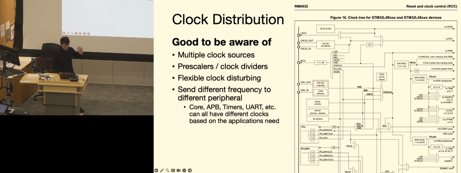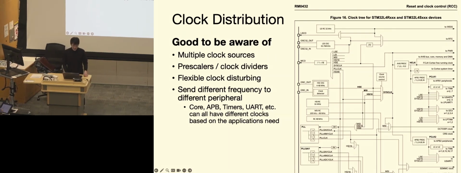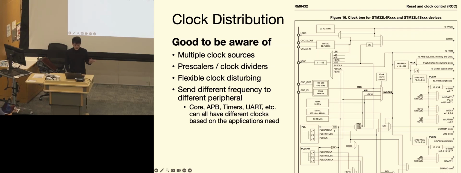Yeah, so they have this clock distribution. We don't have to worry too much about this. Just recognize its existence. Basically, we have multiple clock sources, and in case in the final project or later in the class, you need to use a different and specific frequency for whatever reasons, these are some of the tools you could use.